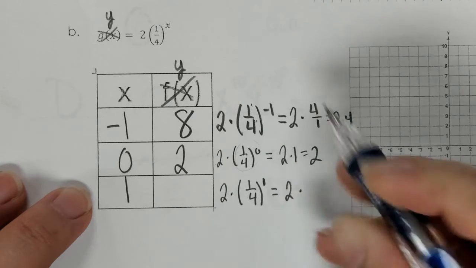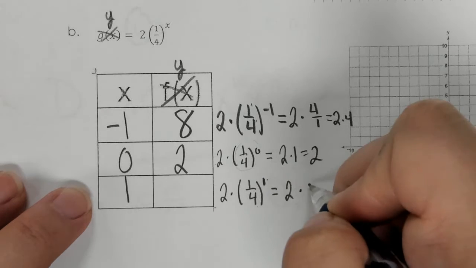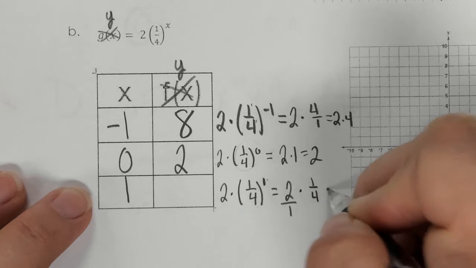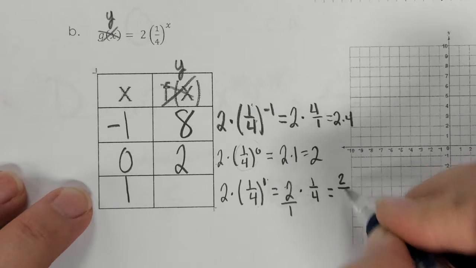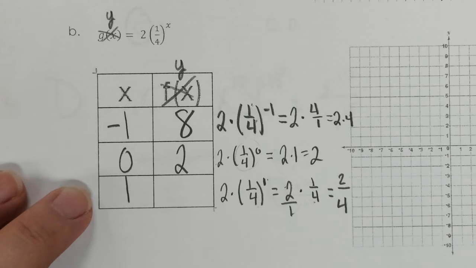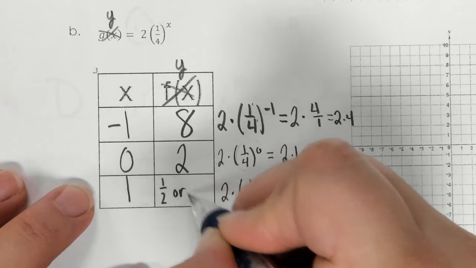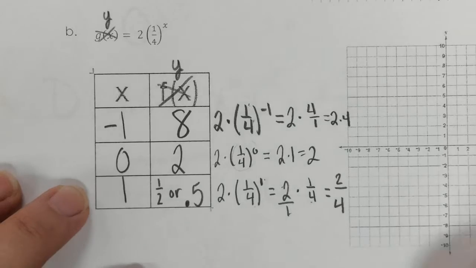So this 1/4 to the first power is 1/4. And if I make this a fraction, we multiply across. So 2 times 1 is 2, and 1 times 4 is 4. And what's 2/4 reduced? It's 1/2. Or you can think of it as 0.5, since we have to graph it.